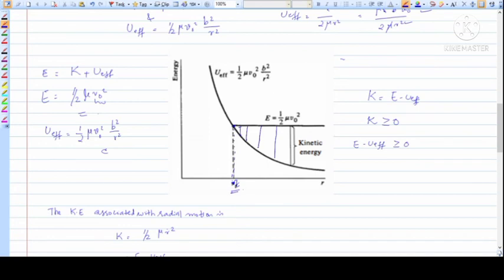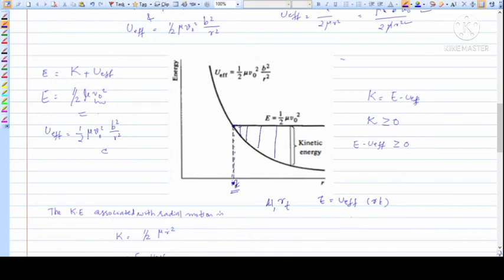At the turning point, the kinetic energy is equal to 0, and at the turning point RT, E is equal to U effective of RT.